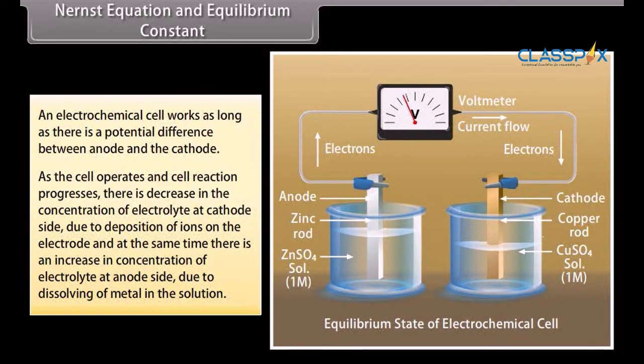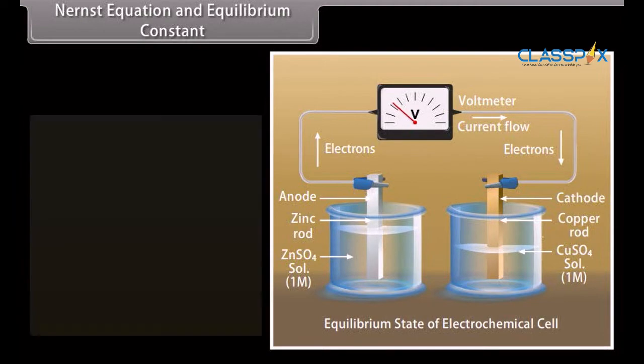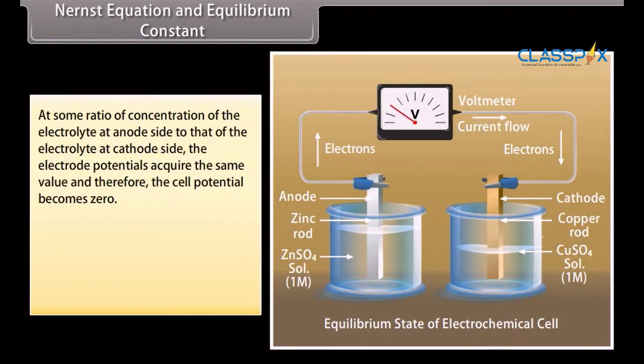Consequently, the electrode potential of the cathode decreases and that of the anode increases with the passage of time. Ultimately, at some ratio of concentration of the electrolyte at anode side to that of the electrolyte at cathode side, the electrode potentials acquire the same value and therefore the cell potential becomes zero.